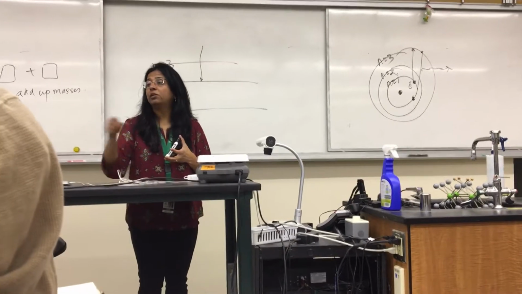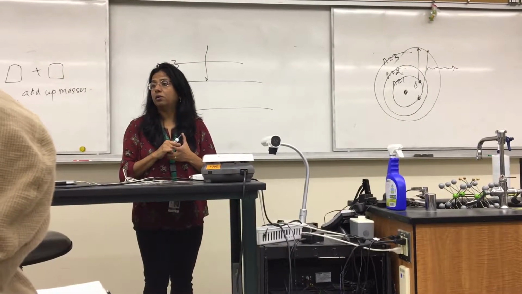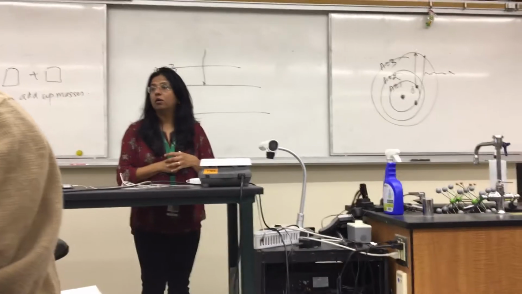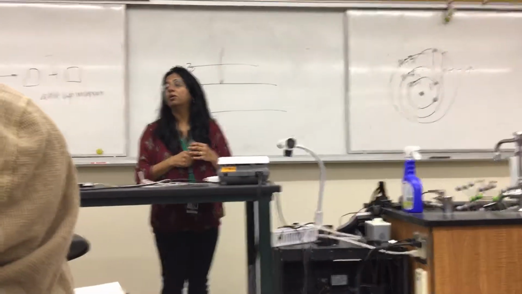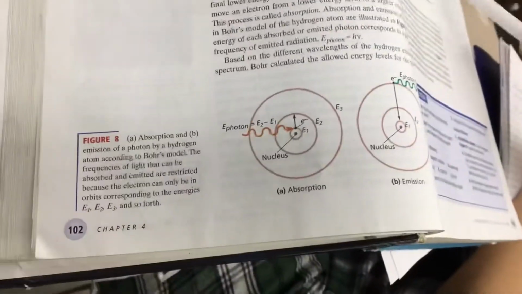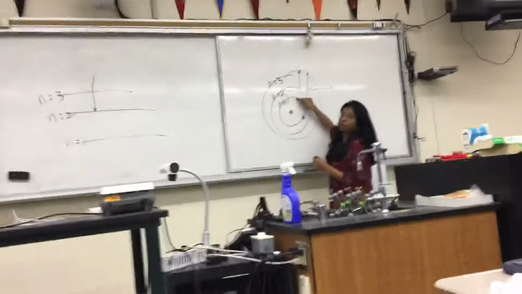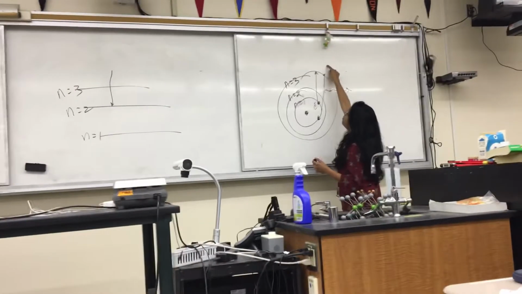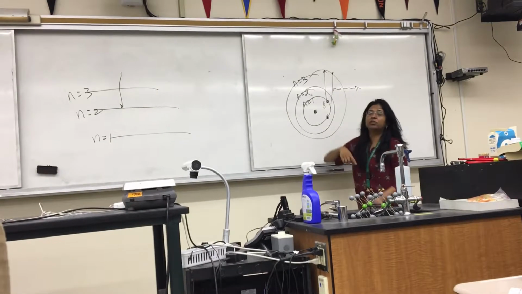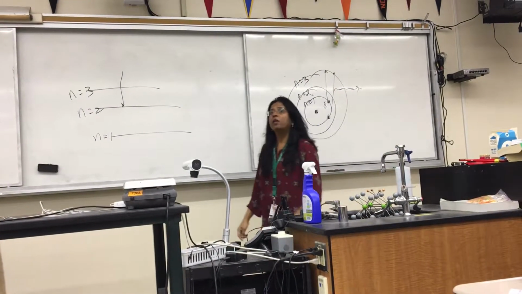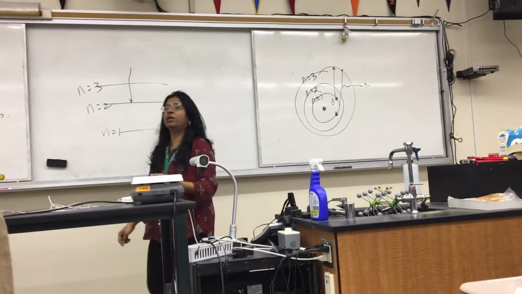Look at the picture. When it drops from any other level to 2 is visible. From the top to 1 is ultraviolet. And from anywhere at the top to 3 is infrared. Look at that picture on page 103.